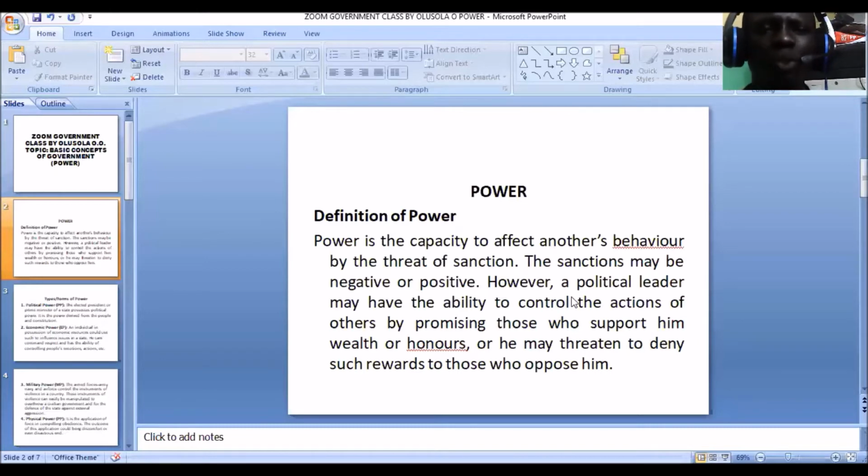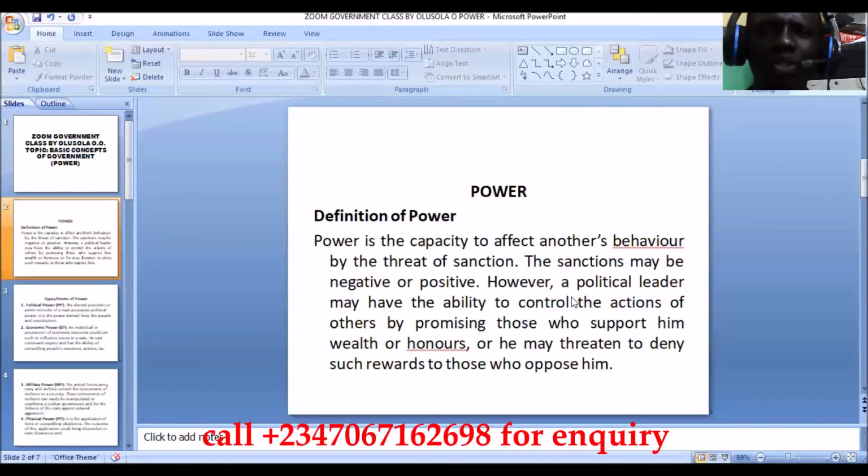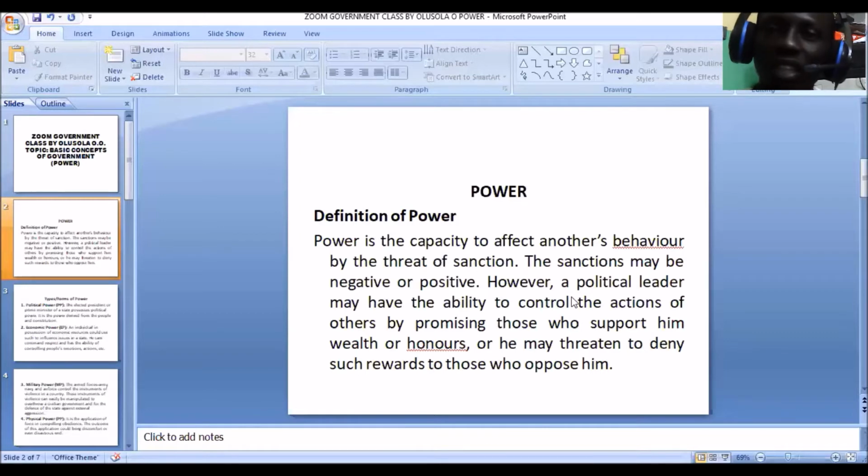So political power is used by political leaders, by political actors, by political players to control the actions of other people in the state or in the country at large.